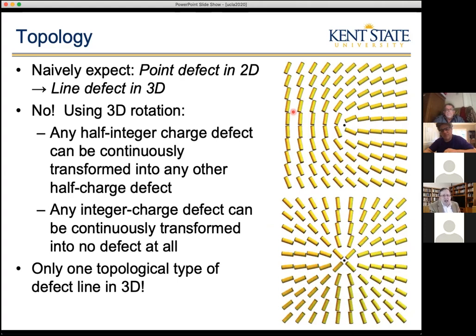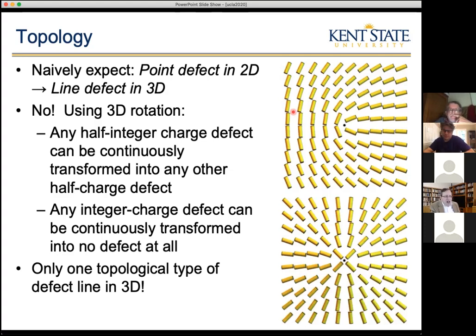In 3D, there's no topological difference between a plus half-charge defect and a minus half-charge defect. It's the same thing. So from the point of view of topology, 3D is actually easier than 2D, because in 2D, there are all these different kinds of defects, and in 3D, from the topological point of view, there's only one kind.